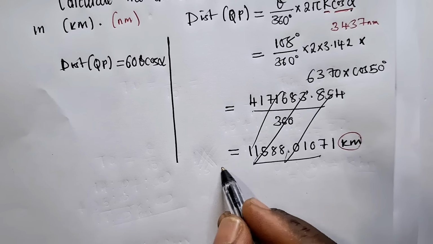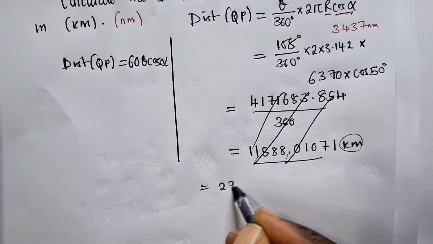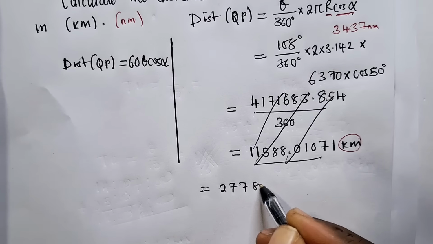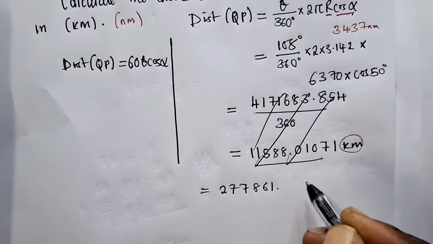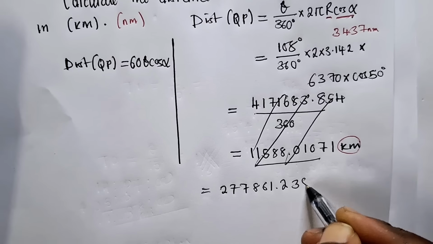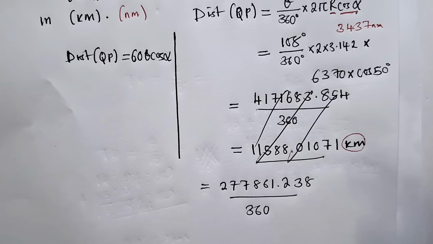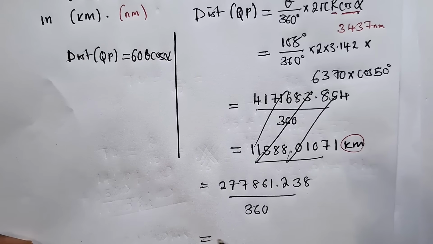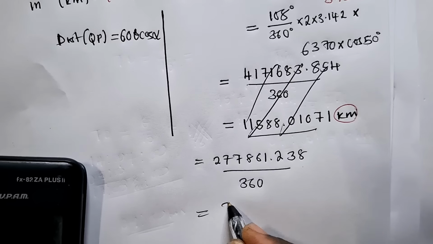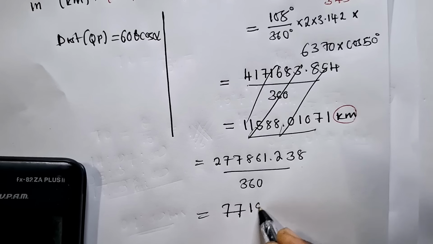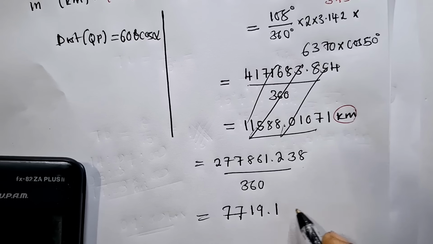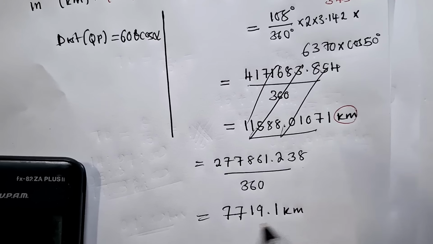We're supposed to get 277,861.8238. So make sure your calculator is in degrees. Okay. So when we divide there, the answer is coming out to be equal to 7719.1 kilometers, like this.